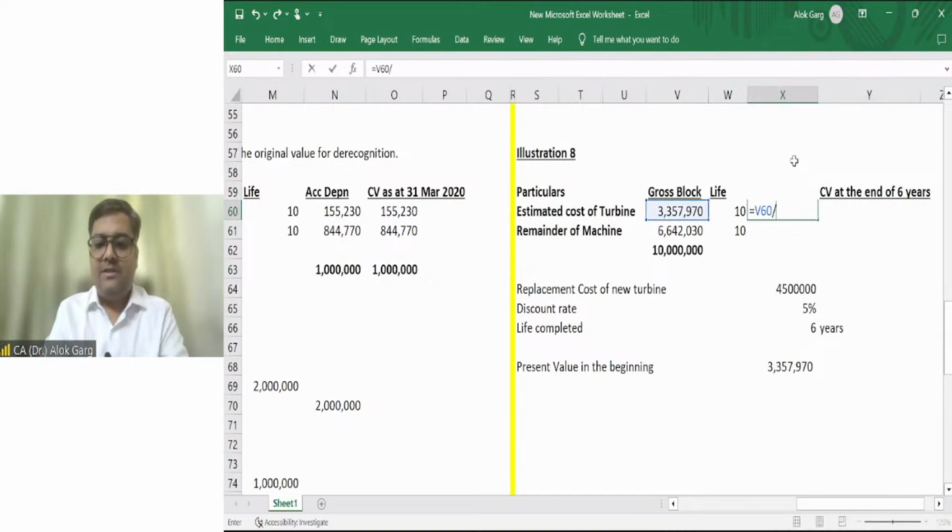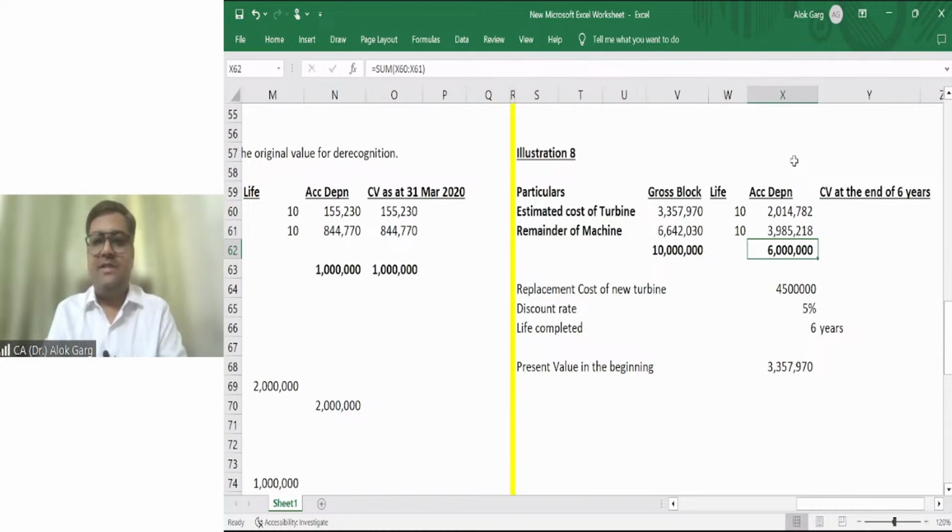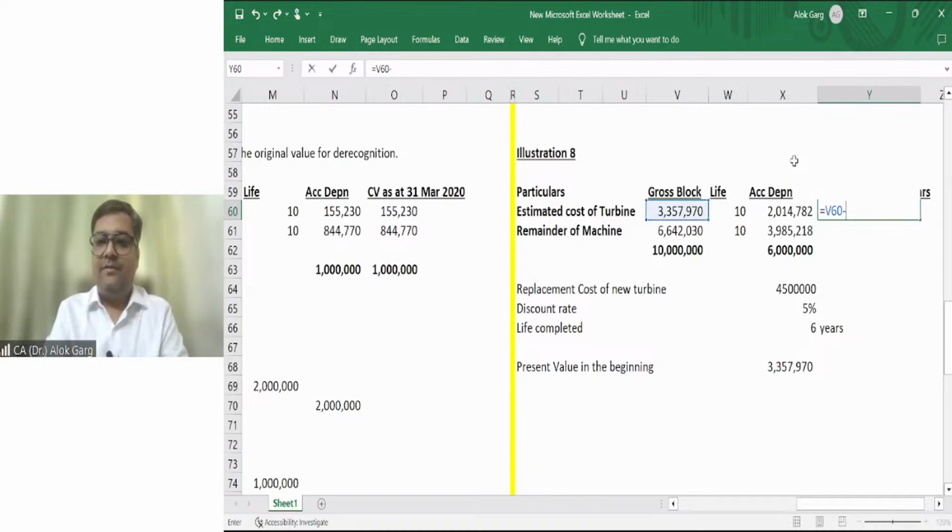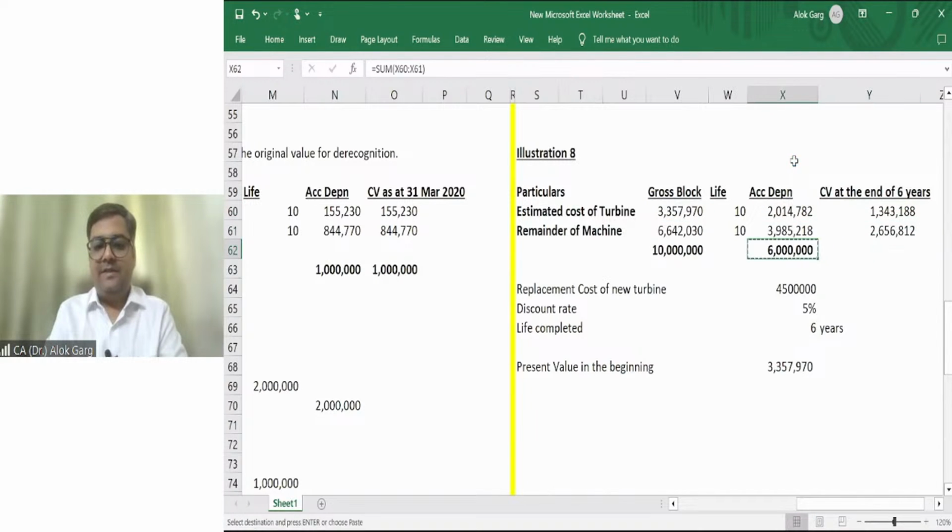Accumulated depreciation is this divided by this multiplied by 6. Likewise, this will be for this thing also. You can say 60 lakh rupees for 6 years. What is my carrying value at the end of 6 years? This is the carrying value at the end of 6 years.